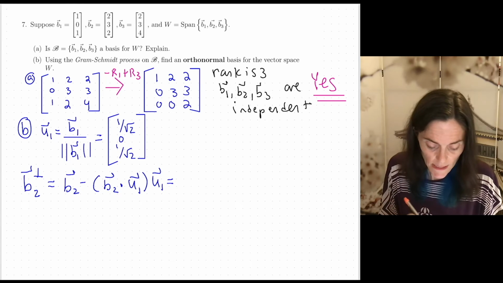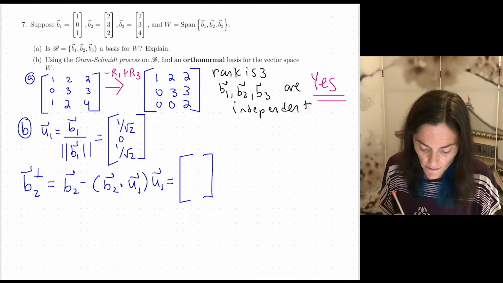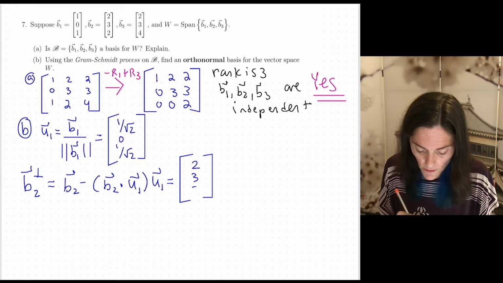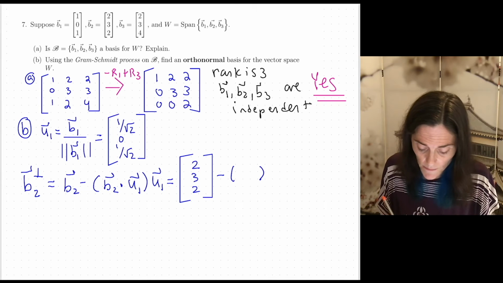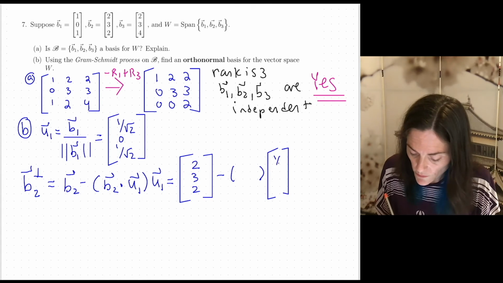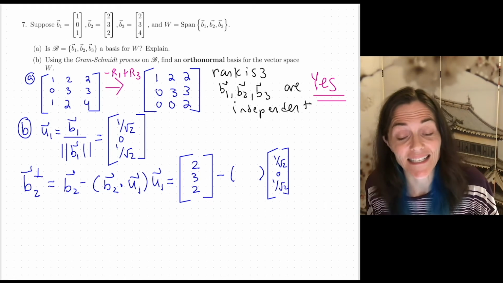So we take vector B2, which is 2, 3, 2. Subtract off a dot product, times this vector U1, which is 1 over the square root of 2, 0, 1 over the square root of 2. This gives us the correct direction.